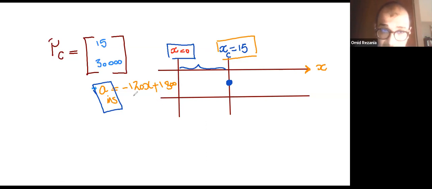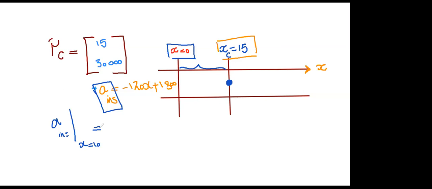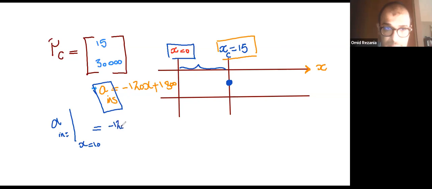If I plug it into the instantaneous rate of change for x equal to 10, how much do I get? I get minus 120 times 10 plus 1800.